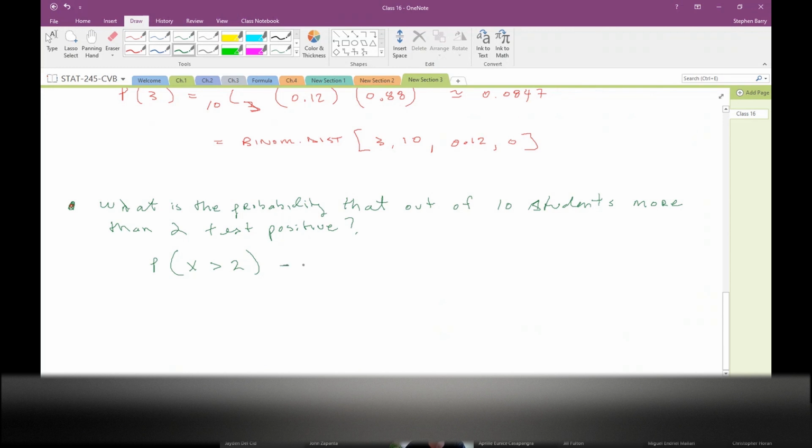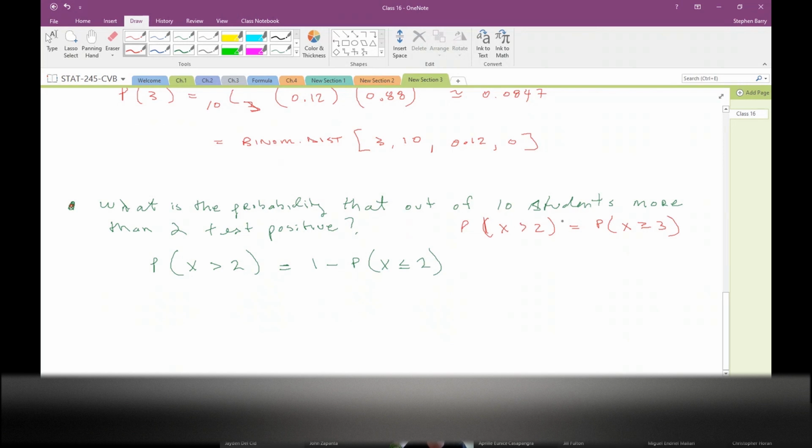Is going to be 1 minus the probability that x is less than or equal to 2. More than 2 is the same thing as 3 or more, right? Again, that's where it kind of gets confusing. This is the same thing as x is greater or equal to 3 in a discrete situation.